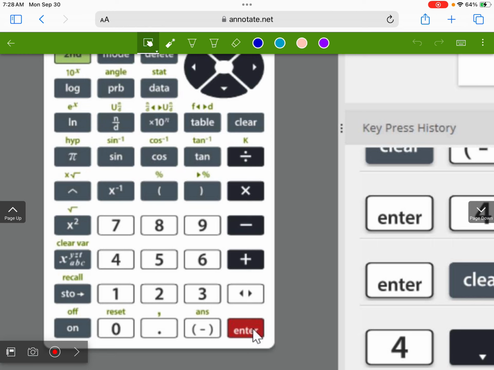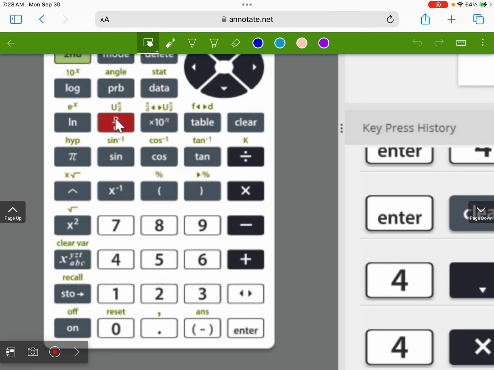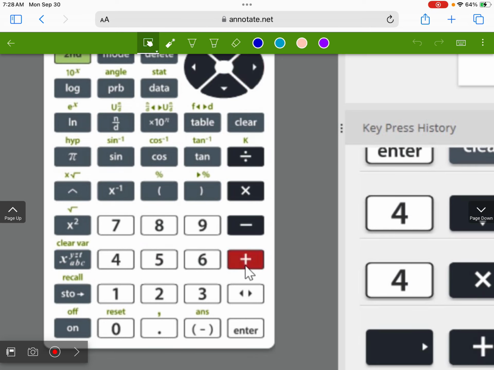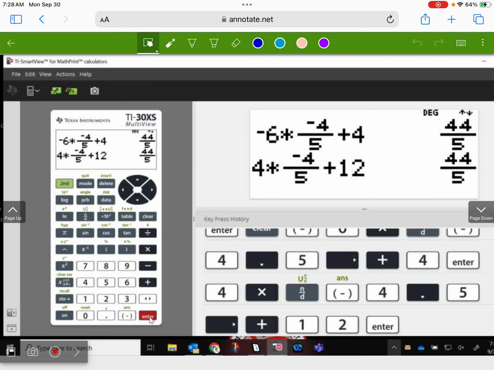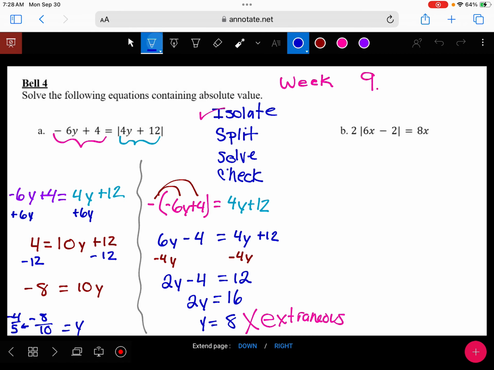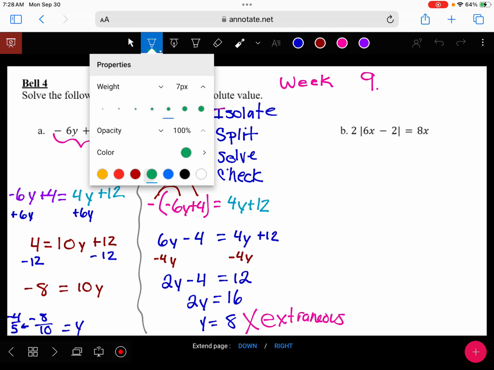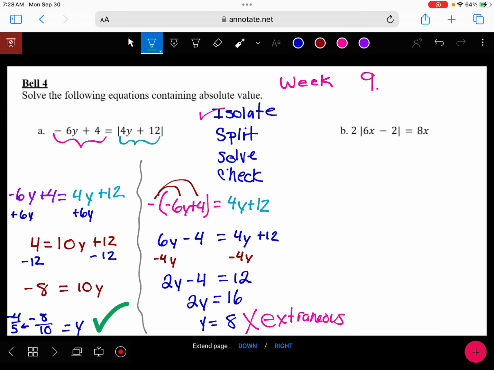And the right-hand side says 4 times my negative 4/5 plus 12. So, do those two equal each other? Yep. Yay! So, our left one checks.